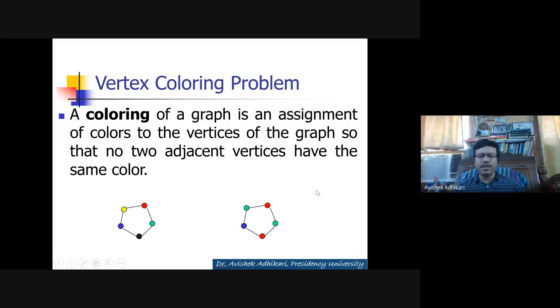But here I have colored it with only three colors: green, red, and blue. Two adjacent vertices are of different colors. Here I colored it with five different colors, but here with only three, namely green, red, and blue. So now you understand what we mean by a coloring.